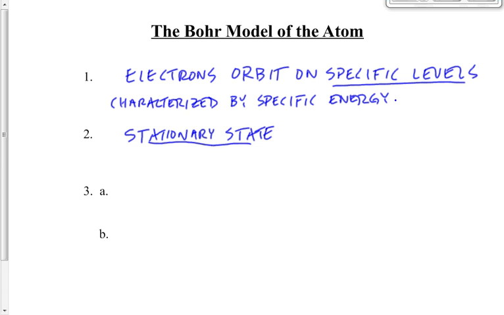They should emit EMR, but they don't. Electrons, as they orbit around the nucleus, should emit EMR, but they don't. How do we know they don't? Because we actually do get EMR out of the atom.